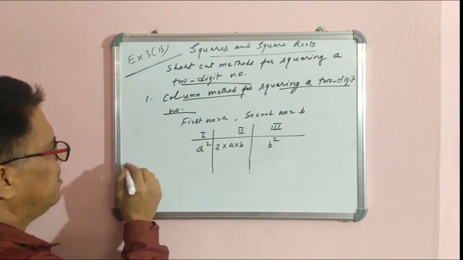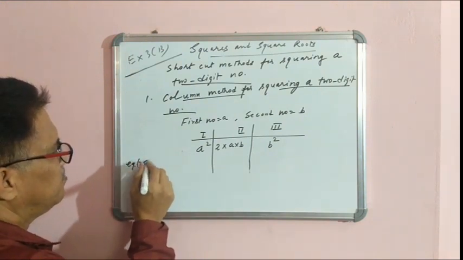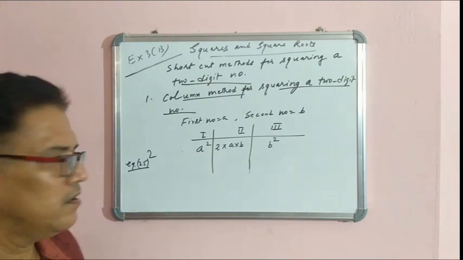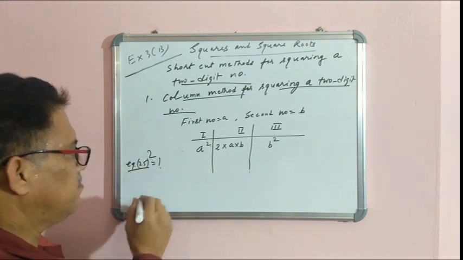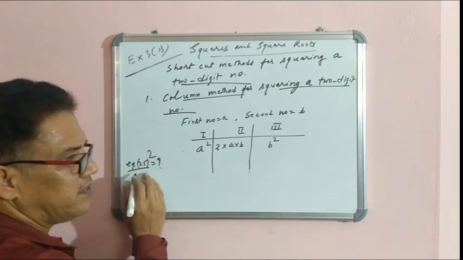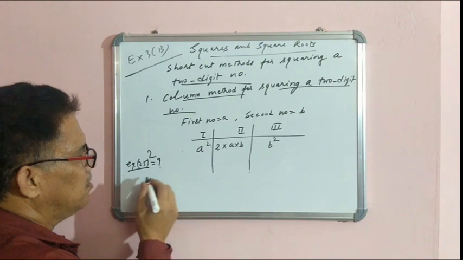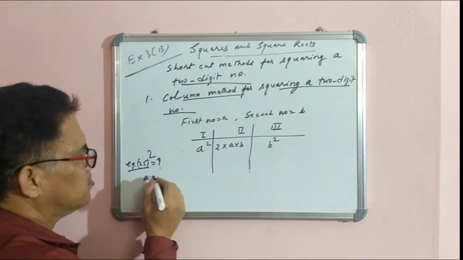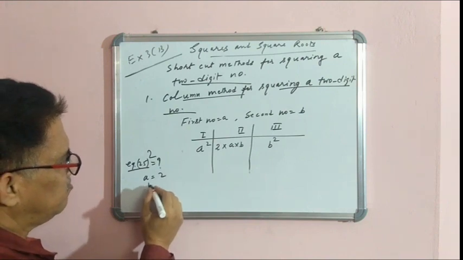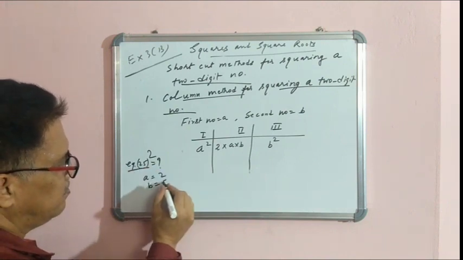So for example, we are taking 25 square. We have to find the square of 25. So the value of A, the first number, is 2, and the value of B is 5.